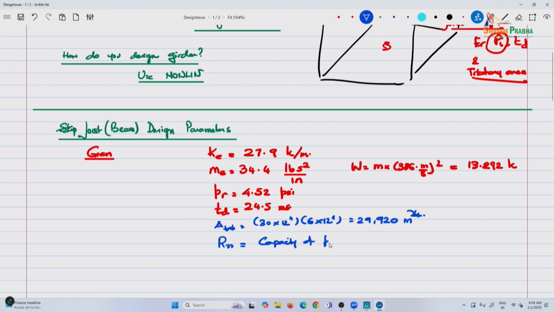We are assuming that all the failures are in flexure. So, this was 23.8 kips. So, given this, what I did was use nonlinear, and I have those parameters here.